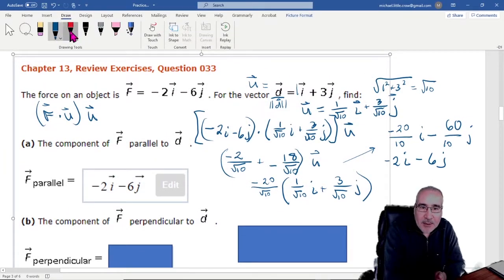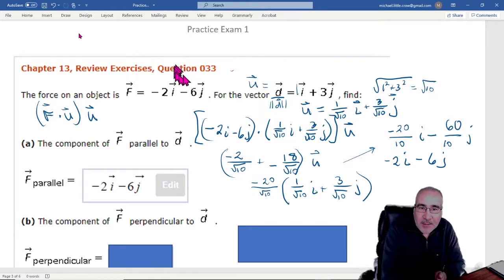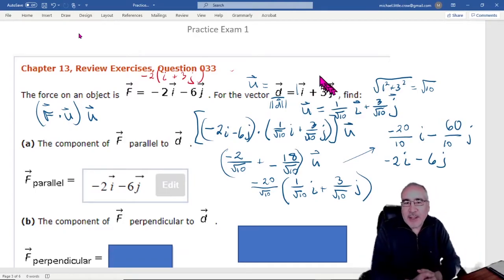So you could factor a negative 2 out, which would give you, let's see, negative 2. So factor out a negative 2, you'd have a positive 1, and you'd have a positive 3j, and notice that's the same. So that's why they're parallel vectors.